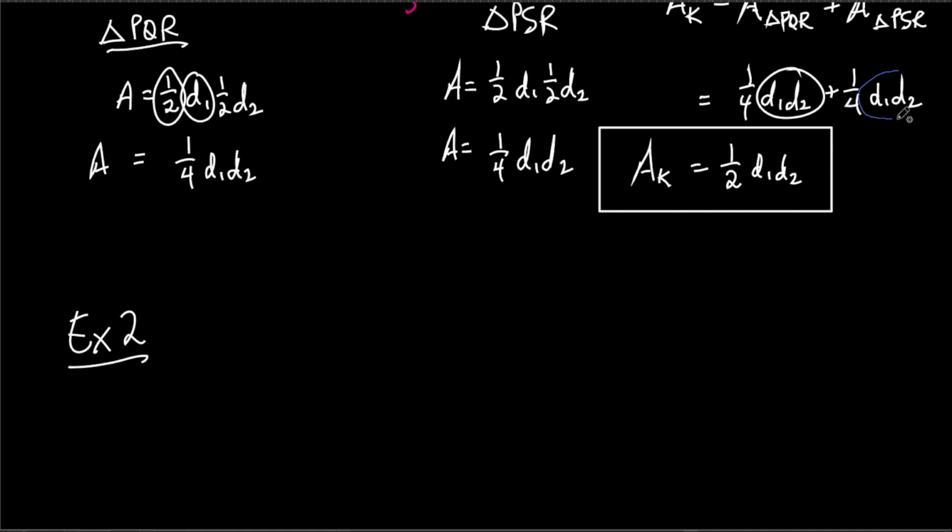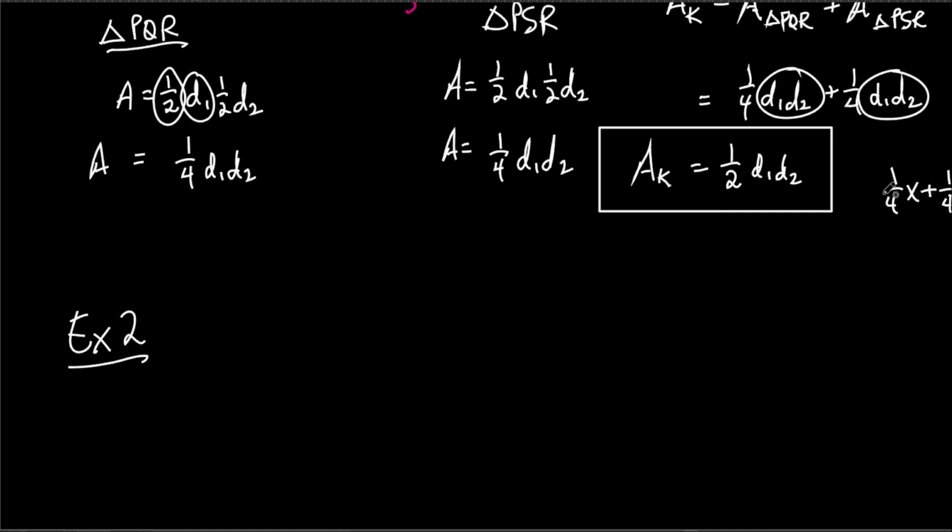This is algebra, okay? This is 1/4 of a term plus 1/4 of the same exact term. For instance, what if I had 1/4 x plus 1/4 x? It'd be 1/2. If I got a quarter of a pizza and I got another quarter of a pizza, then I have half of a pizza, okay?